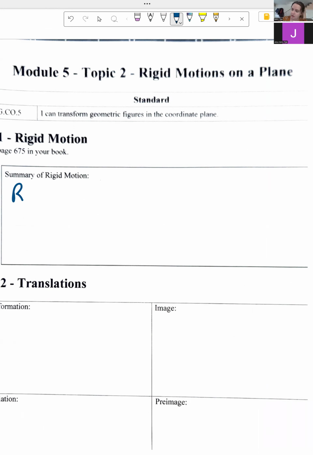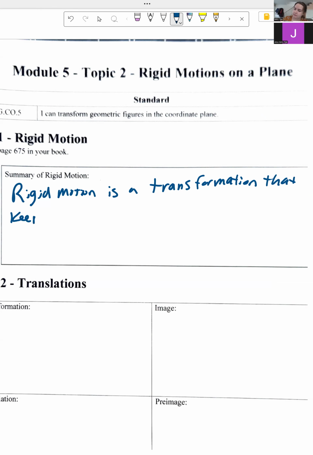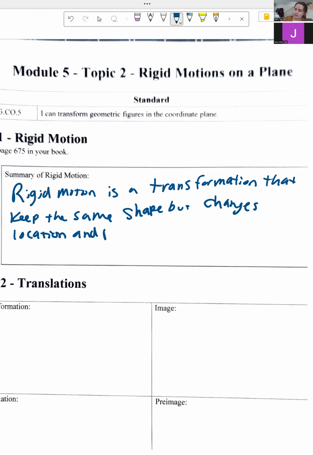So a rigid motion is a transformation that keeps the same shape but changes location and position.